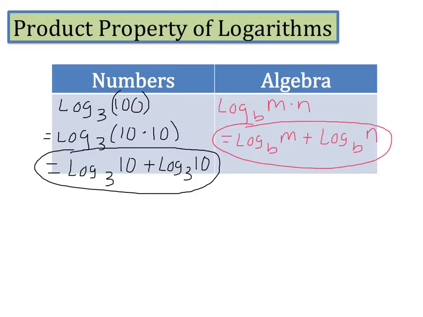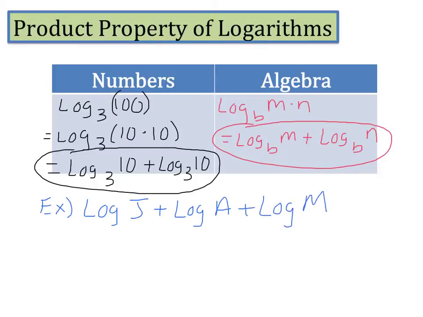And we can use this in reverse too. So let's say, for example, we had an expression such as log j plus log a plus log m. These all technically have the same base, they're all common logs.